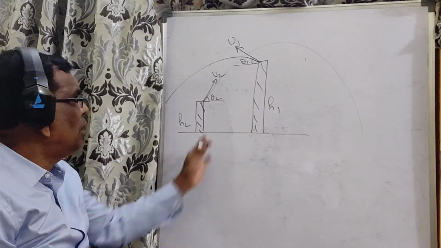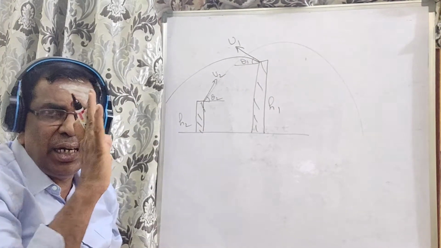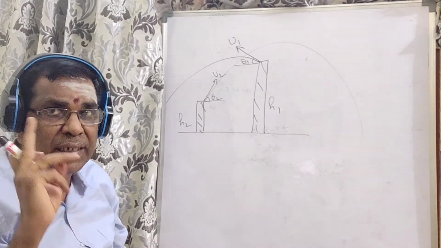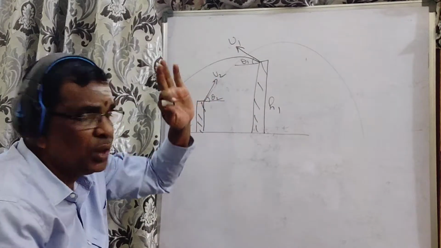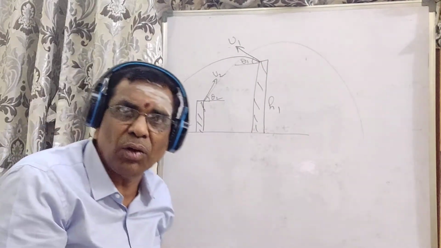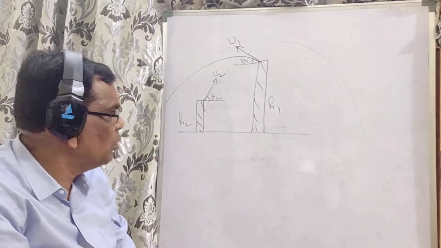You see that? I have given all that. I have the same plane. I projected two bodies simultaneously with U1, U2 at angles with the horizontal theta 1, theta 2. Got the point?